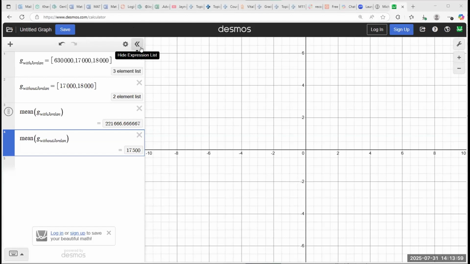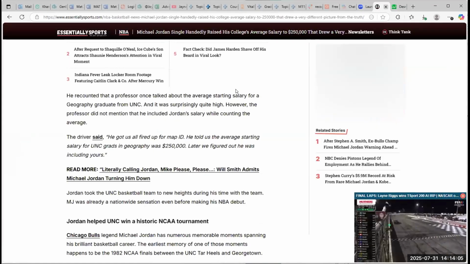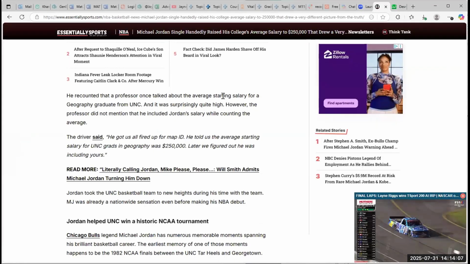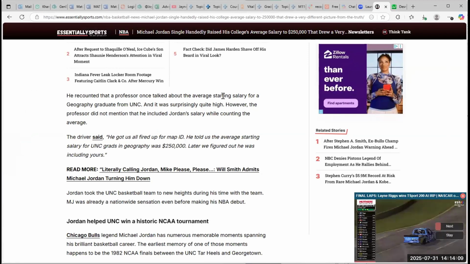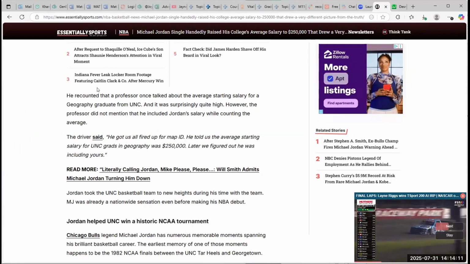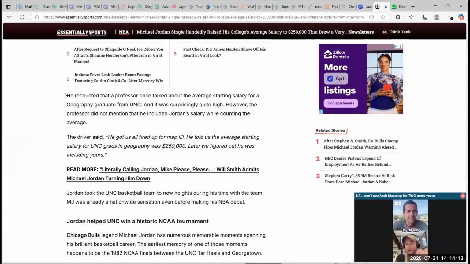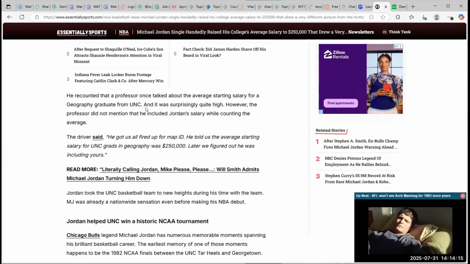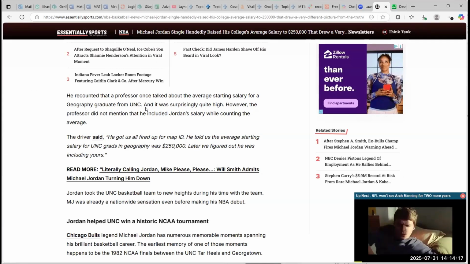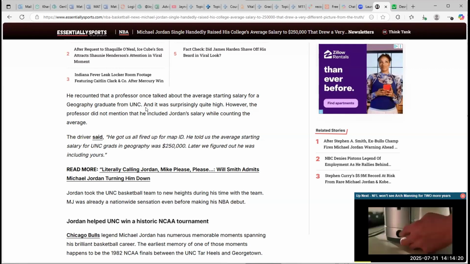For the first example, I love this example. I learned about this little urban legend, which I think is mostly true, from another statistics book. Apparently Michael Jordan, when he first graduated from the University of North Carolina, had a geography degree.